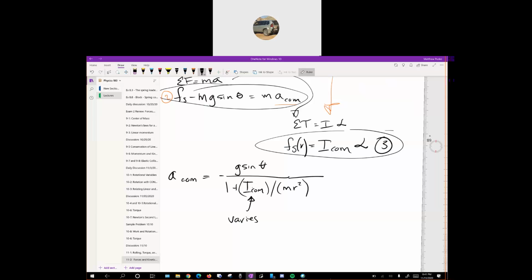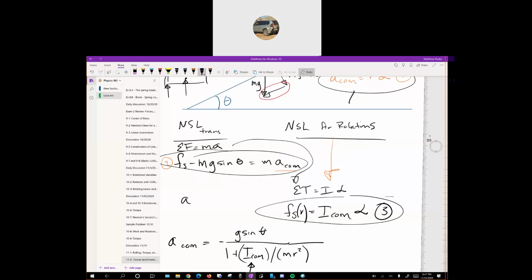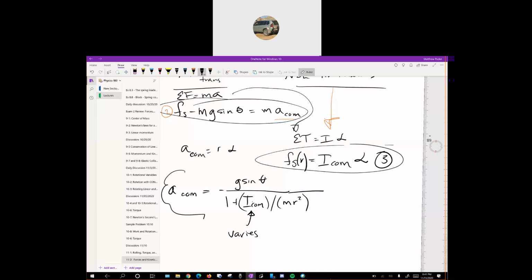And so once again, you'll also need the relationship that the acceleration of the center of mass is equal to r alpha. So putting those three together gives us an equation we can use for something rolling down an incline.